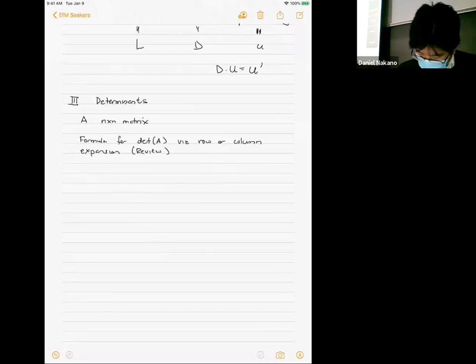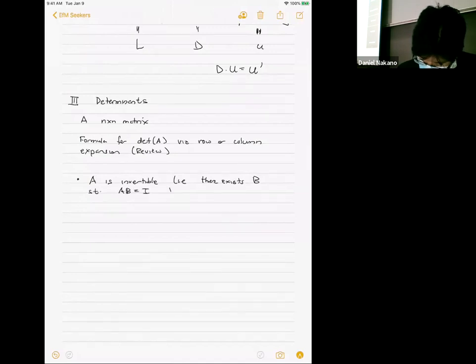So what was one of the important facts? An important fact is the matrix A is invertible, i.e., there exists a B such that AB is identity and BA is identity.